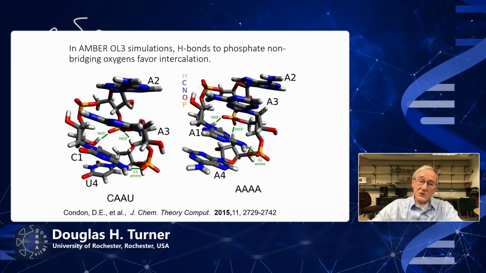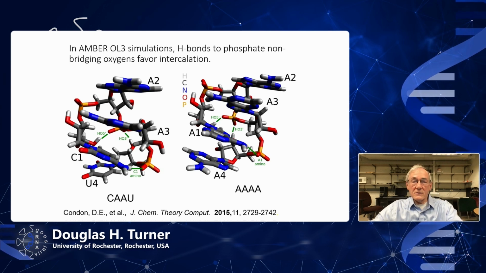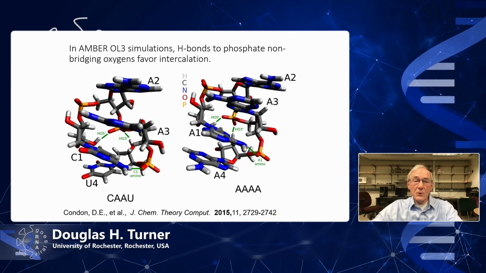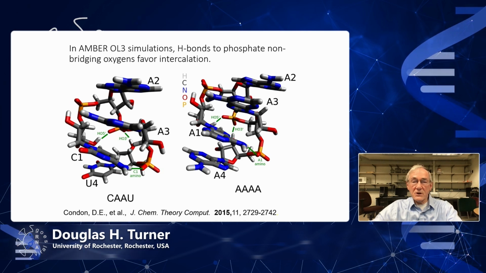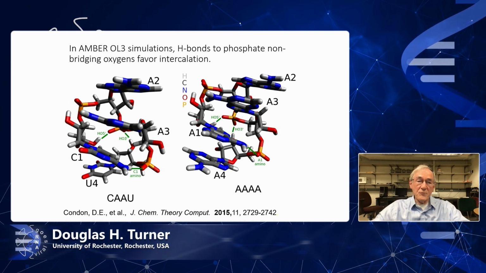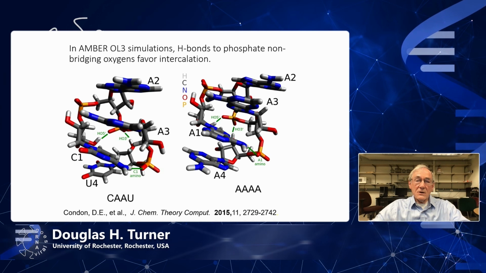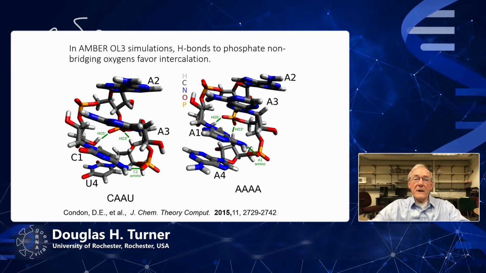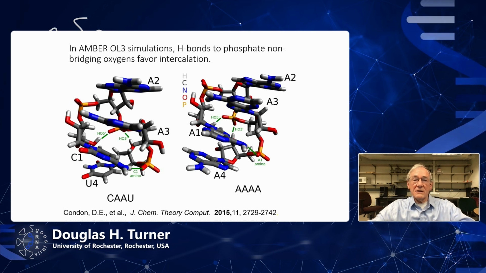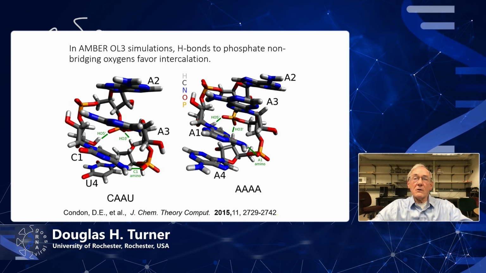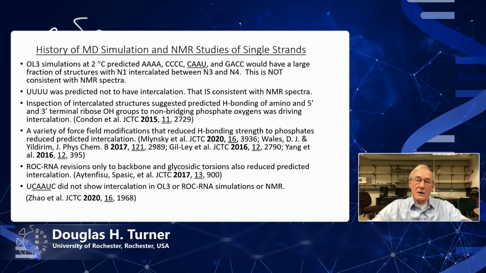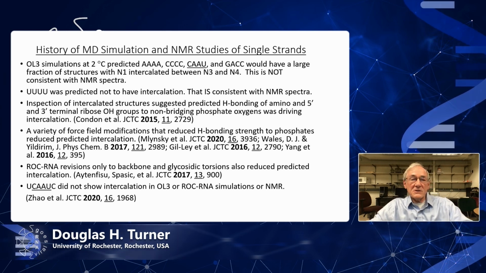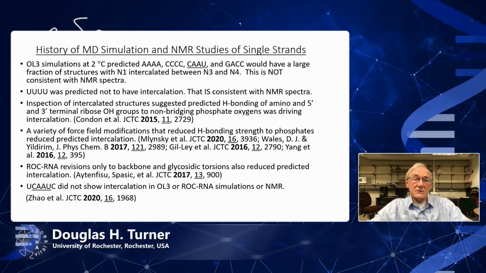And you could form additional hydrogen bonds between terminal hydroxyl groups and non-bridging oxygens. So that's what was predicted. In NMR, you did not see anything like this. So that said, okay, there's something that needs to be fixed in the force fields.